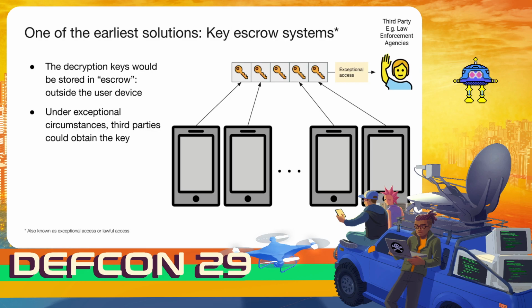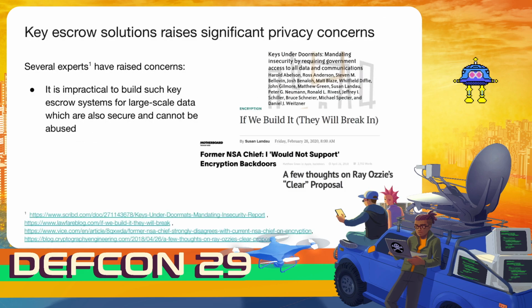This has raised significant privacy concerns in the community, where the biggest concern is that it is impractical to build such key escrow systems for large-scale data, to ensure that these systems are secure, and to ensure that they cannot be abused by any public or private organizations. These concerns lie under several observations and experiences that we have seen over the years whenever such systems have been developed and deployed.